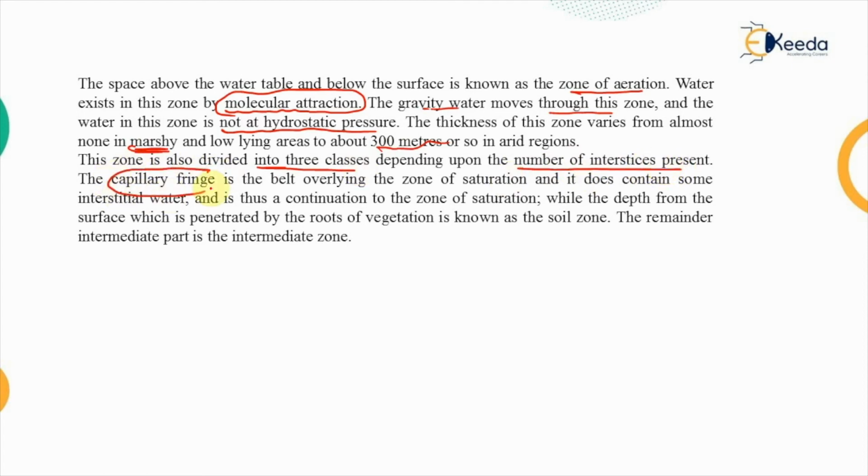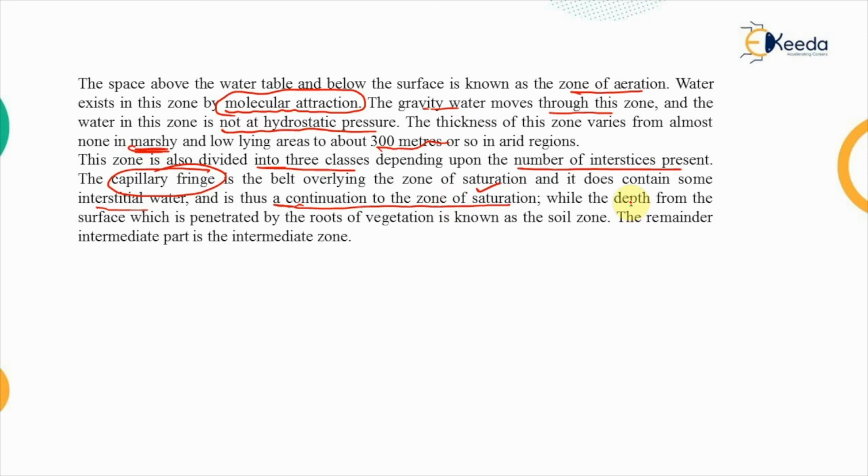First one is the capillary fringe, which is the belt just above the zone of saturation, and it contains some amount of water. Therefore, it is also known as the continuation of the zone of saturation.